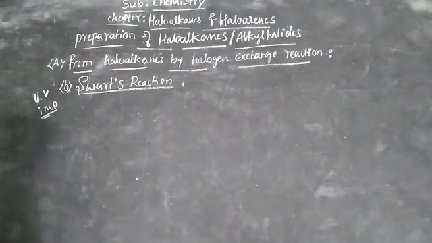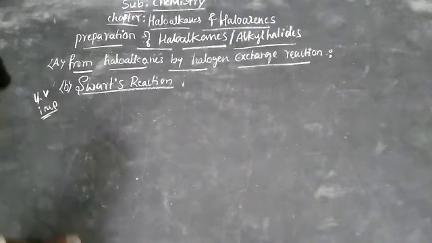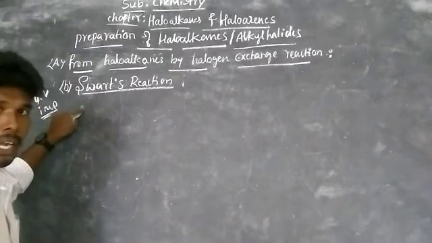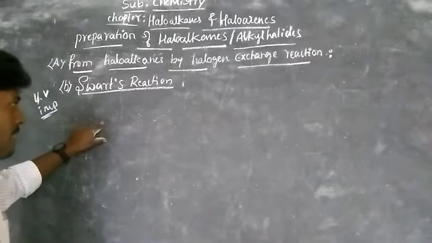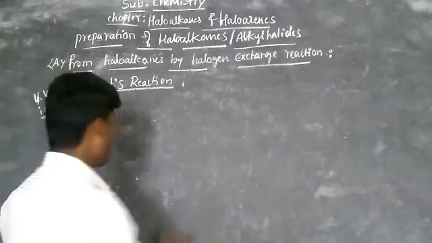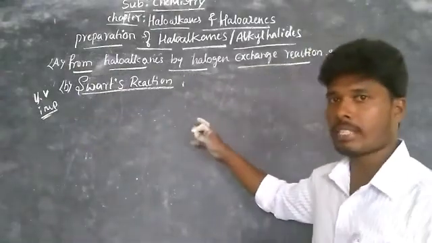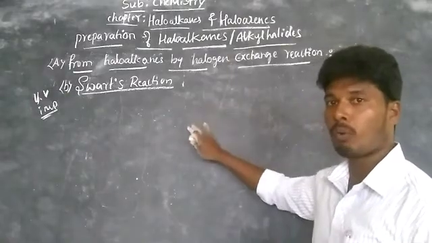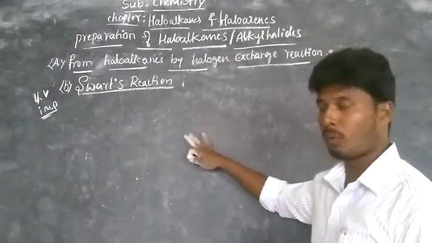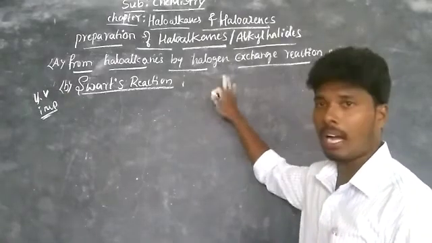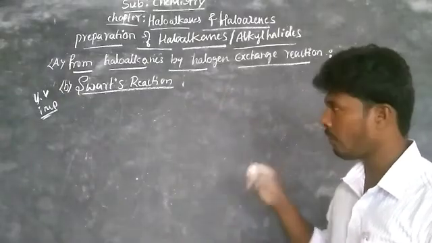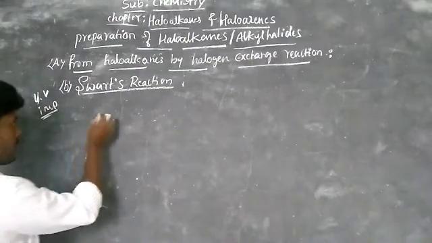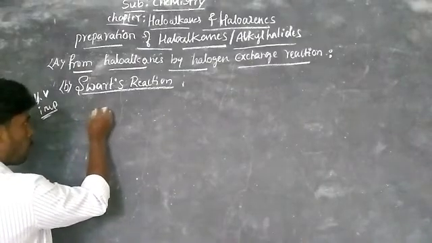In the Swarts reaction, alkyl chlorides or alkyl bromides are treated with metallic reagents such as silver fluoride, mercury fluoride, cobalt fluoride or antimony fluoride, etc. You get alkyl fluorides.